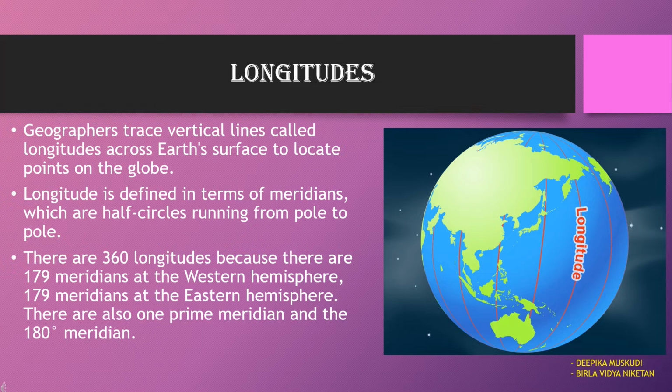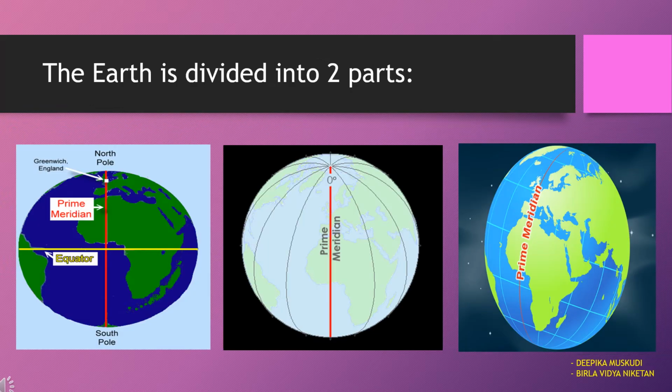There are 360 longitudes because there are 179 meridians in the western hemisphere and 179 meridians in the eastern hemisphere. There are also one prime meridian and the 180-degree meridian. Not only is our earth divided into two equal halves by the equator, but also because of the prime meridian, our earth is divided into eastern and western hemispheres.